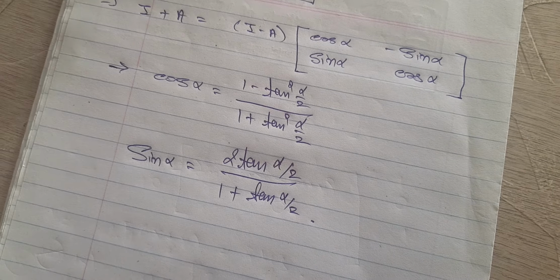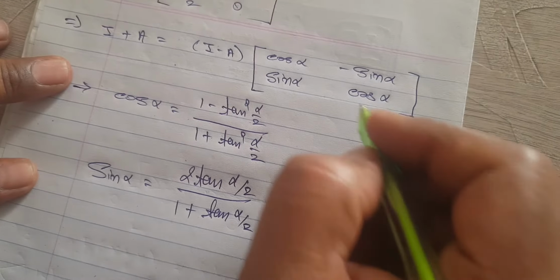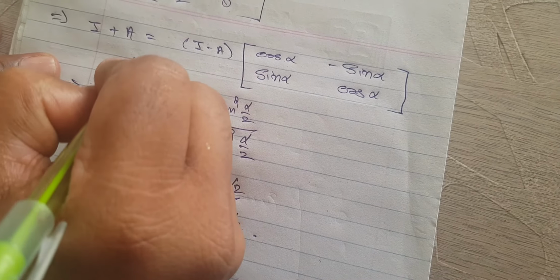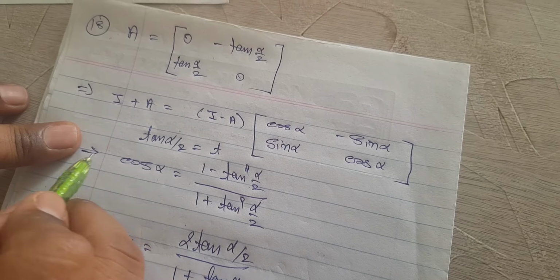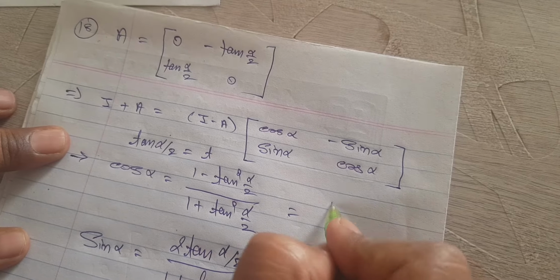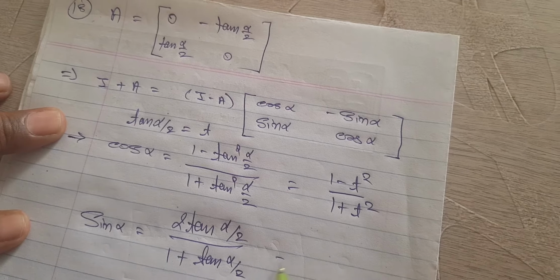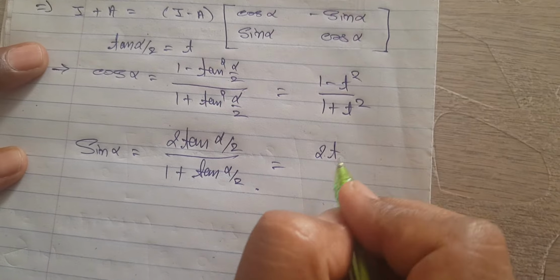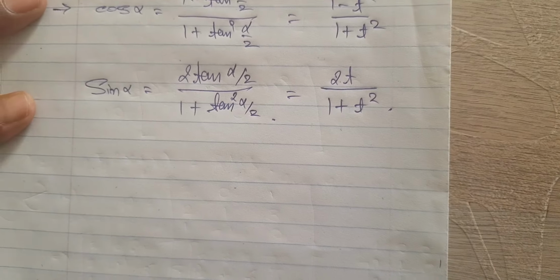Now normally tan alpha by 2 is used everywhere, so we take tan alpha by 2 as t. So your value becomes what here? 1 minus t square upon 1 plus t square, and like this here, 2t upon 1 plus t square.